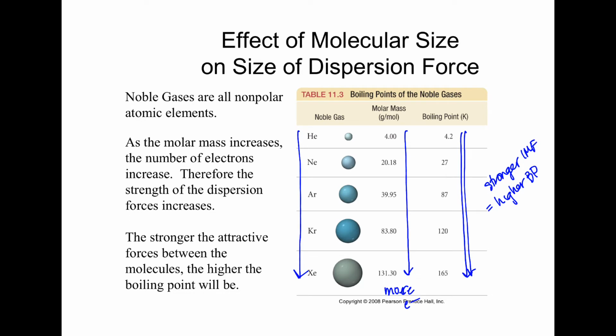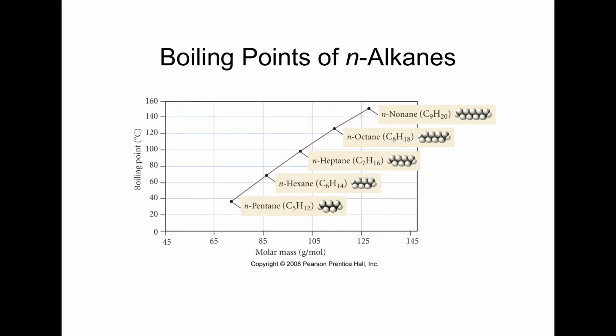Okay, let's also look at the kind of shape and how molar mass doesn't just apply to noble gases or just to atoms, but it also applies to molecules. If we look at this graph here, we have boiling point on one side and molar mass on the other. And what all these molecules have in common is they are just carbon chains. It's just that every time we go up the chart, we add another carbon and a couple hydrogens onto the chain.